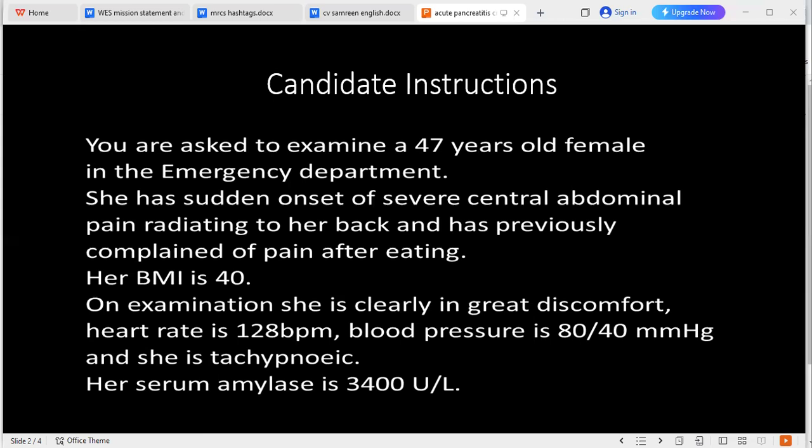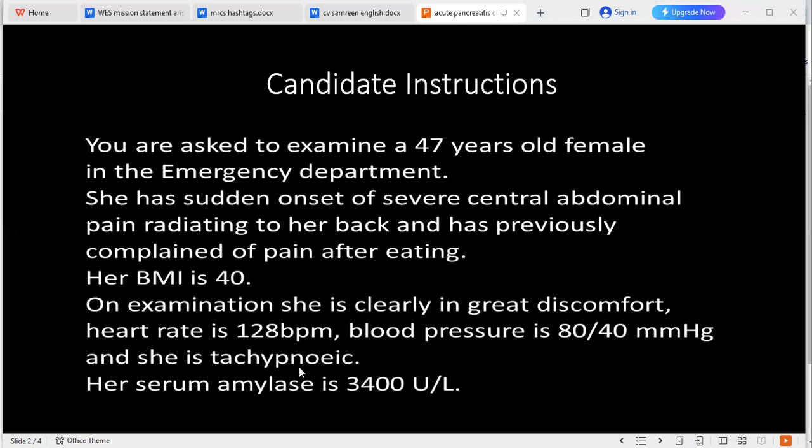Please tell me, this patient is tachypneic. What might be the cause behind it? It can be due to ARDS, acute respiratory distress syndrome, abdominal pain and stimulation of the sympathetic overdrive.